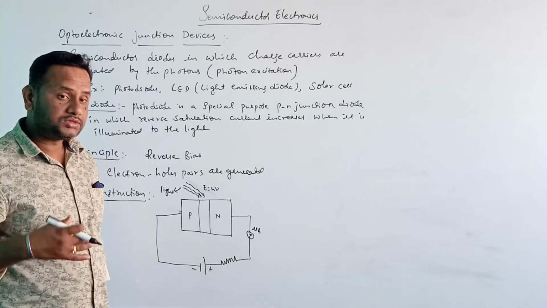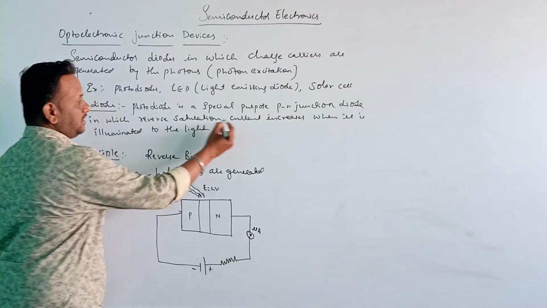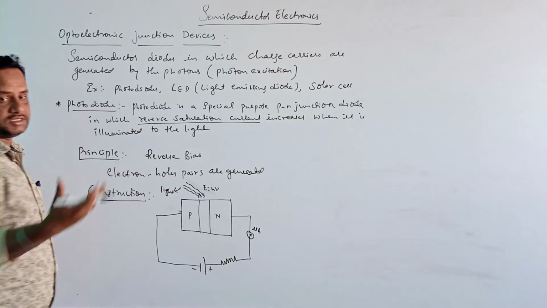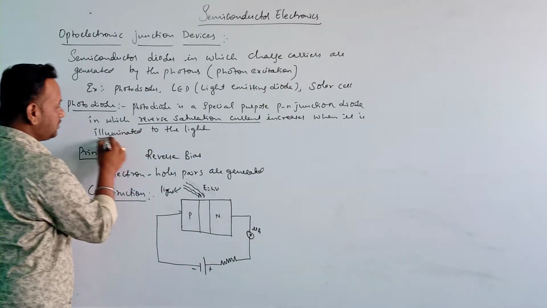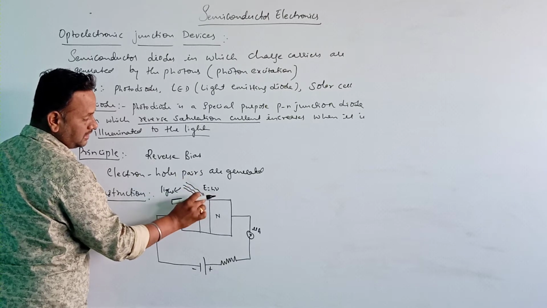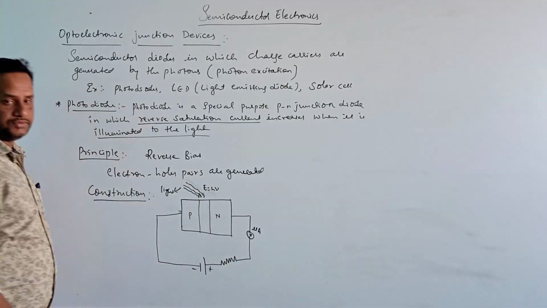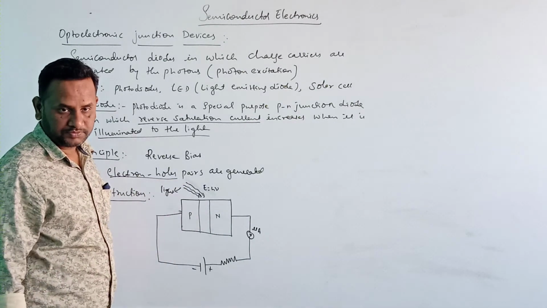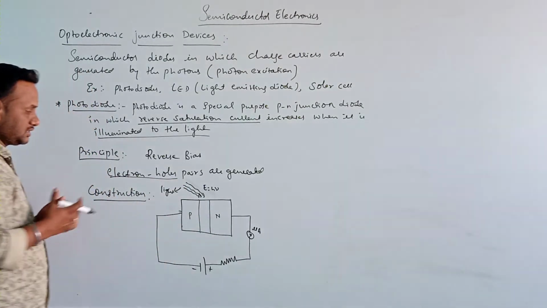Now, how can this reverse saturation current be increased when it is illuminated with light? Once light is incident on this diode, electron hole pairs are generated. Now I'll tell you how it works here.